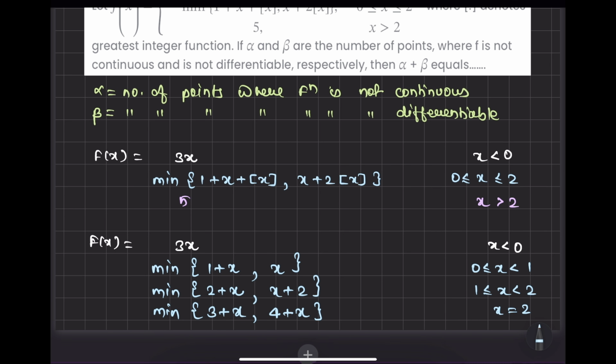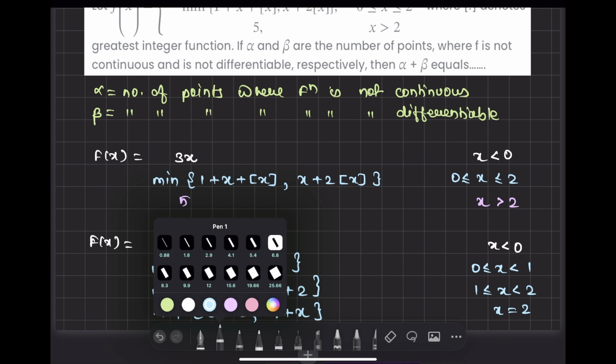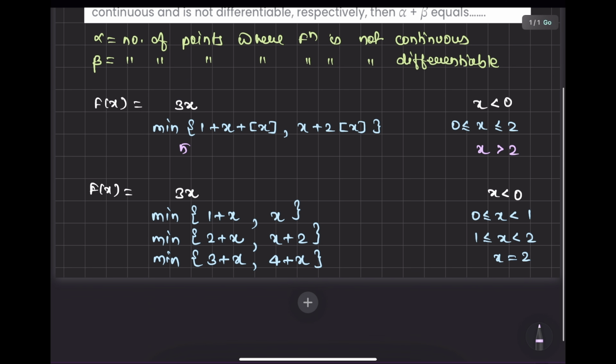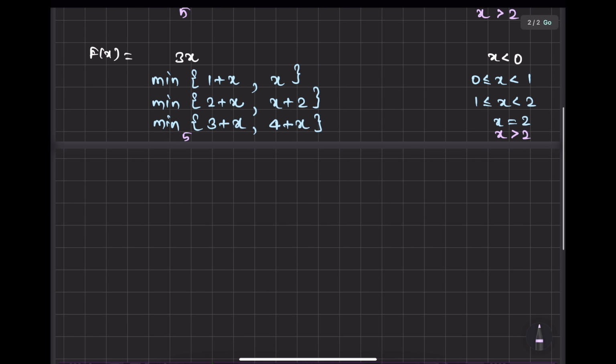And among them, if you think about the minimum, this thing will become 5, this thing will become 6. So 5 is the minimum. So in this region this thing will be the minimum. Okay, later we will discuss. Now in the next region it is 5. I will write here only. So x is greater than 2. I hope till this part you guys are comfortable.